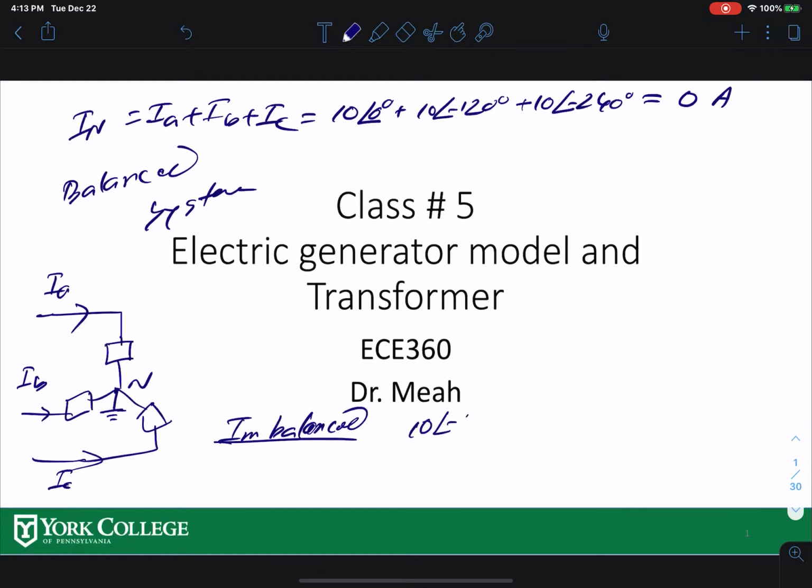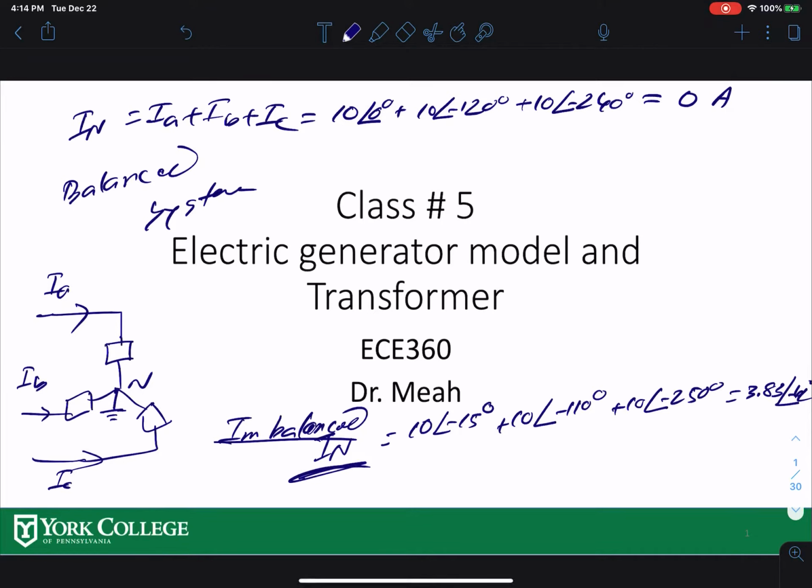So let's say this is negative 15 degree here, plus let's say this is 110 degree here, plus this is negative 250 degree here. If I now add them, you'll see that it is not 0 anymore. It has a value and also has an angle, 42 degree. All right. So IN is not 0 anymore.